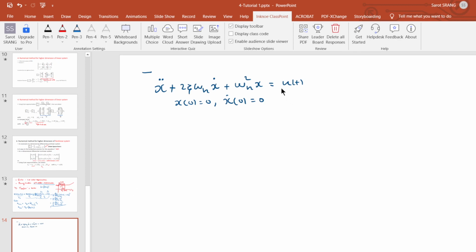So how can you apply the numerical method to solve it? Okay. Or you can have an equation like this.